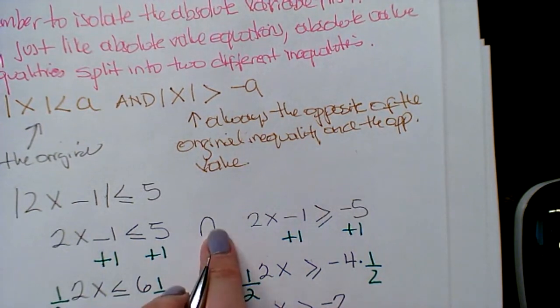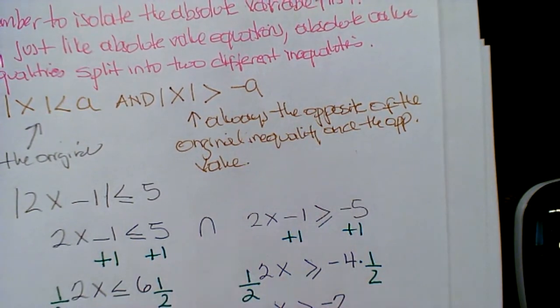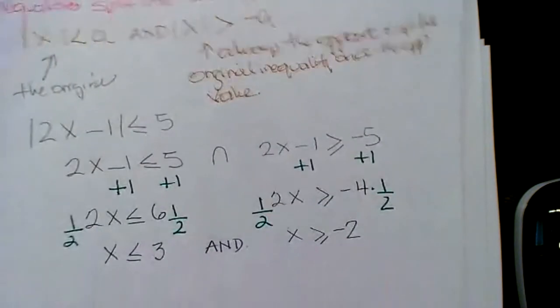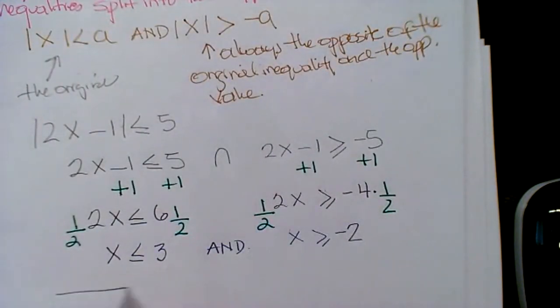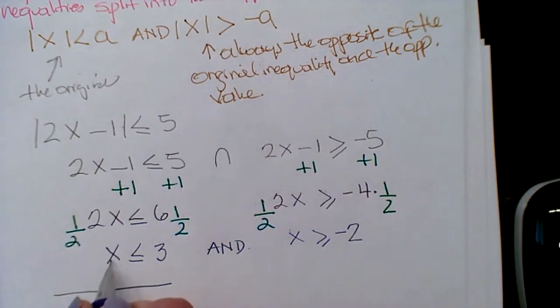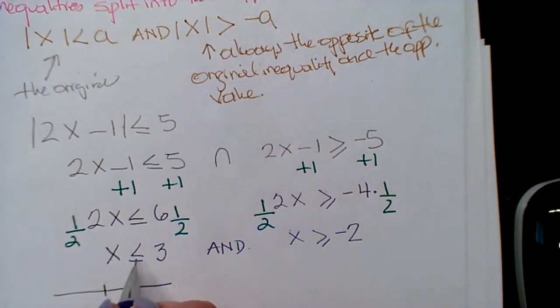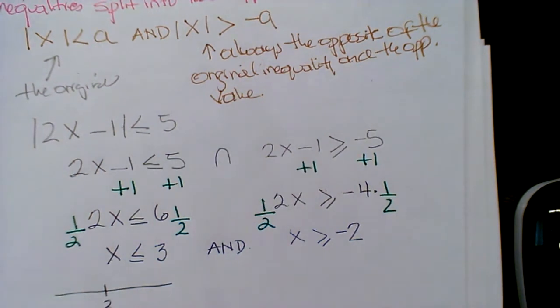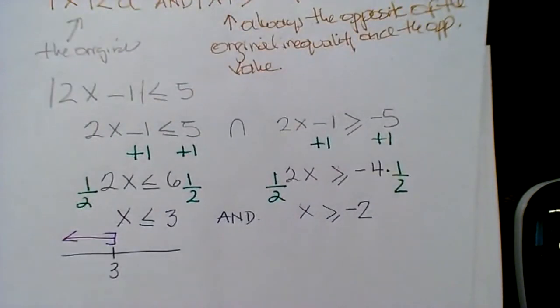This is n, okay? Intersection. So what we have here, the numbers that are less or equal are going to be these ones.